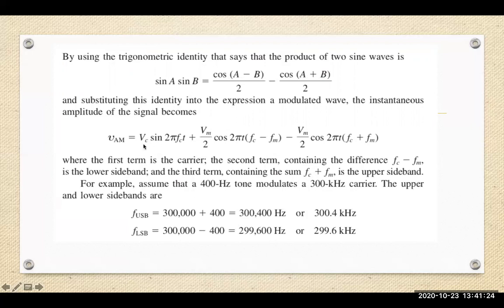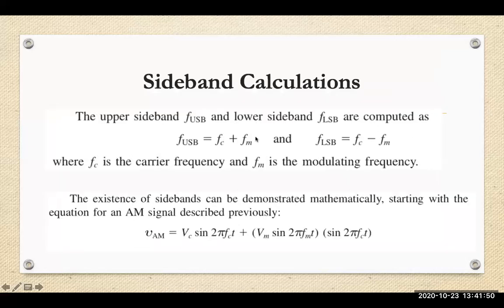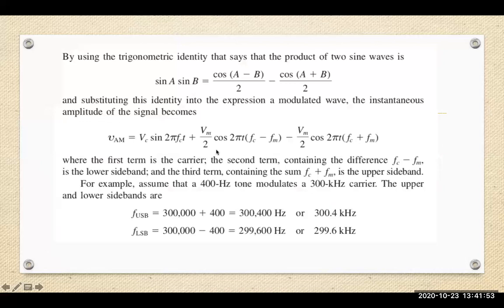This will result, yung first term natin dito is the carrier. The second term, pag na-simplify na guys, it contains your carrier frequency and the modulating frequency difference, which is the lower sideband, no? And then the third term, it contains yung formula kanina for upper sideband, yung sum lang ng carrier and modulating frequencies. Okay.